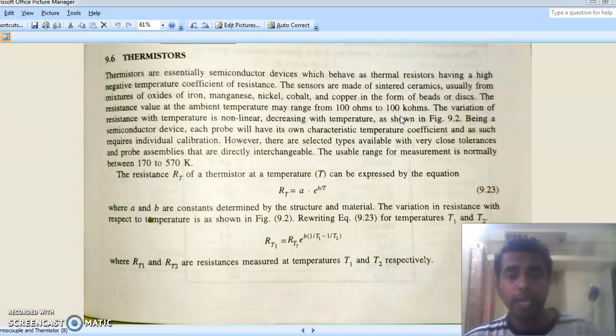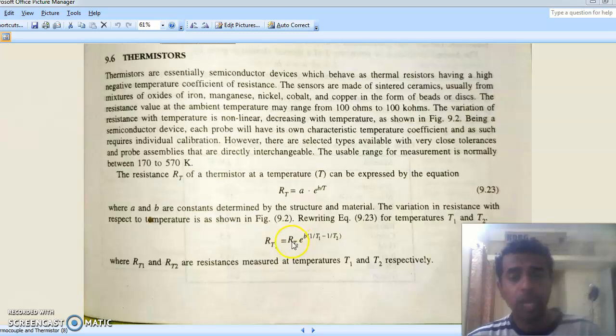This is our basic equation: the resistance RT of a thermistor at any temperature T can be expressed as A e raised to B by T. If we have two temperatures T1 and T2, then the ratio is e raised to B multiplied by (1 by T1 minus 1 by T2). A and B are constants.